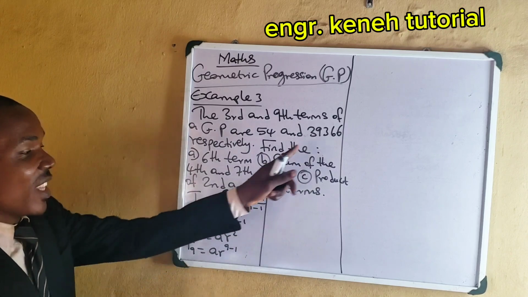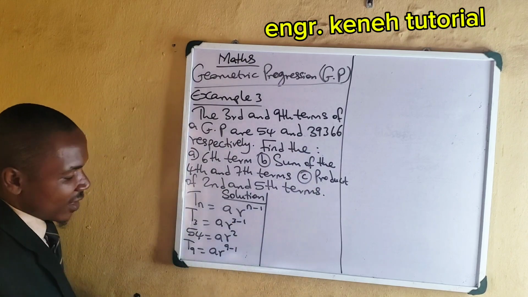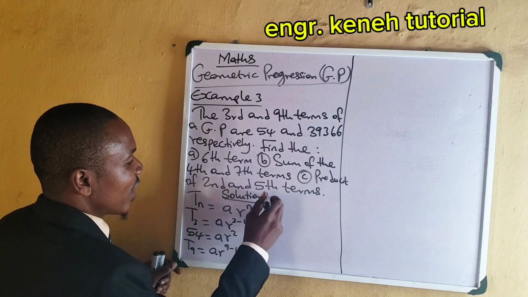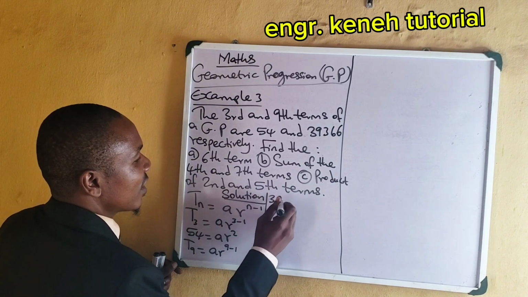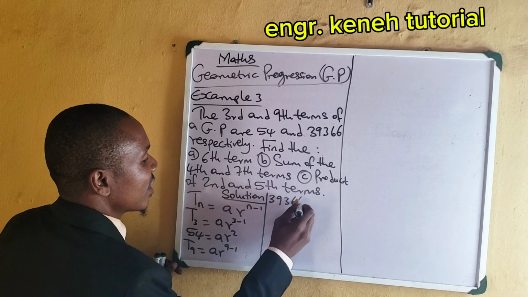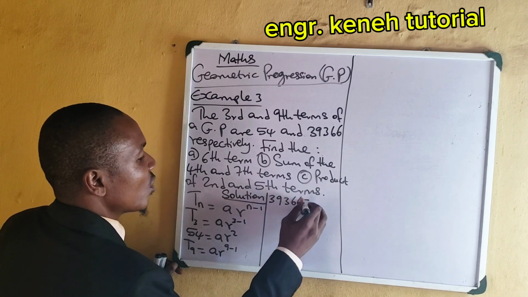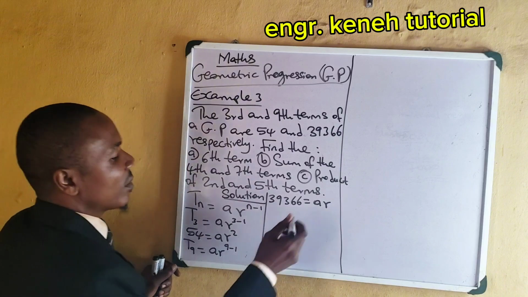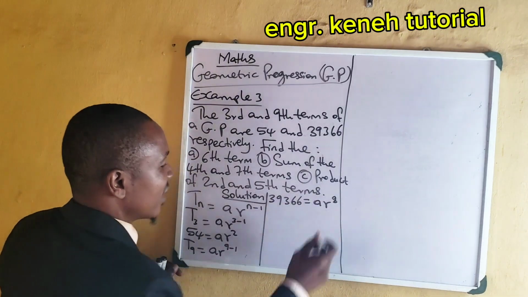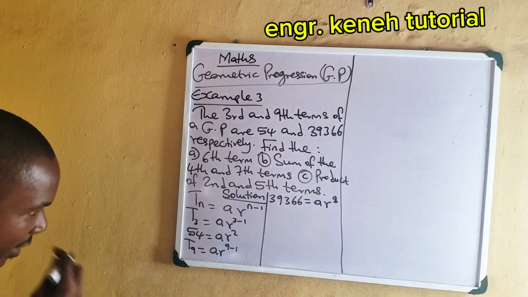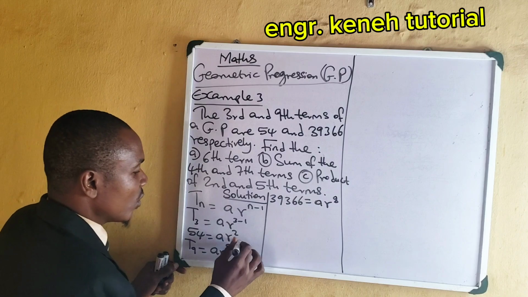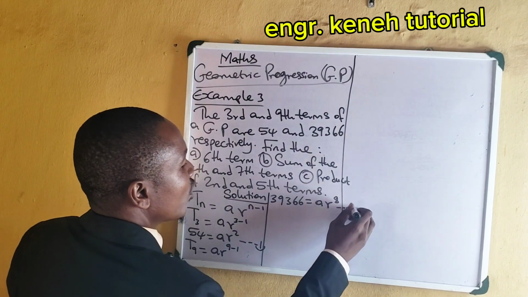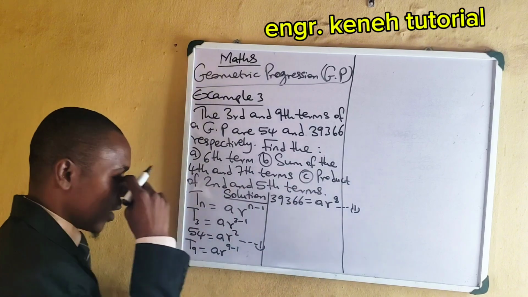They gave us this to be 39,366, so in place of the ninth term, I'm going to write its value, 39,366, is equal to a, r to the power 9 minus 1, which gives us 8. All right, so I'll call this one equation 1, then I'll call this one equation 2.